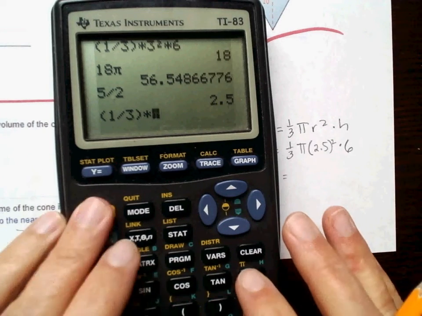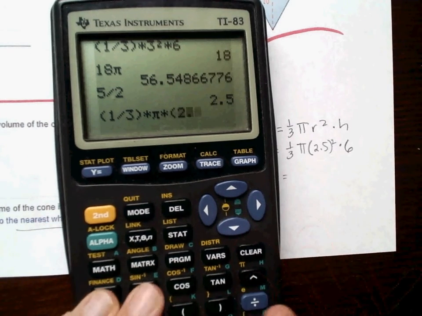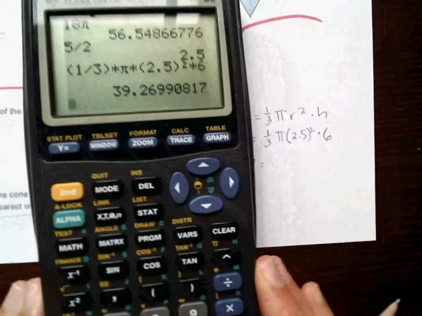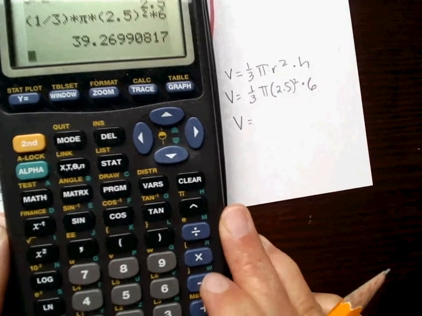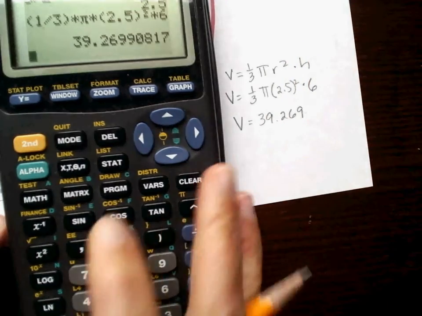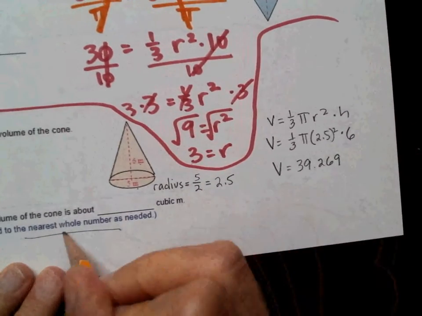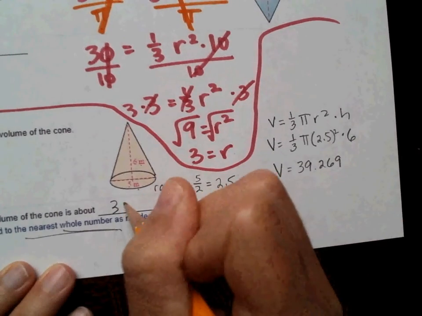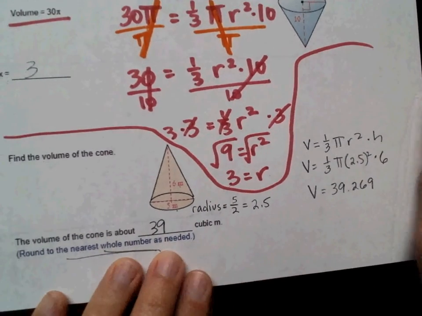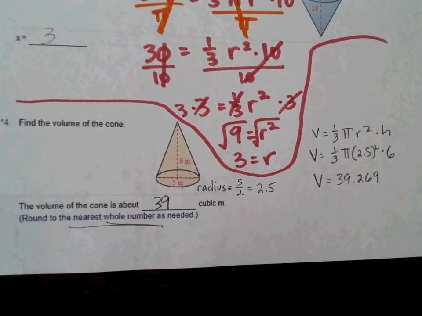So 1/3 times pi times 2.5 squared times 6 is 39.269, and it says round to the nearest whole number, so that would be plain old 39 cubic meters. So thank you. That's going to be the last question for that one.